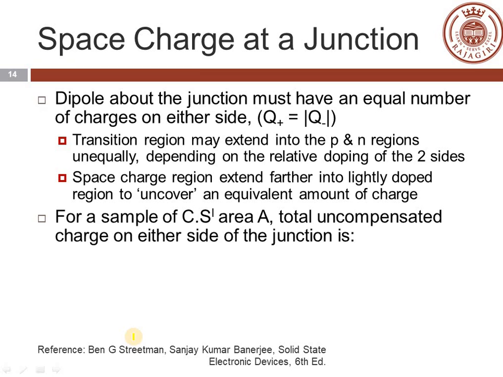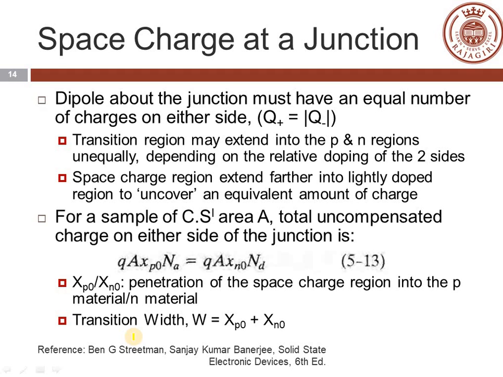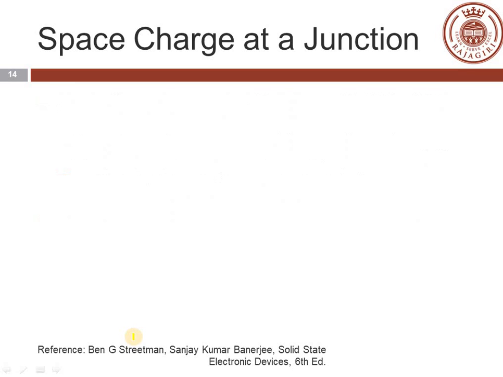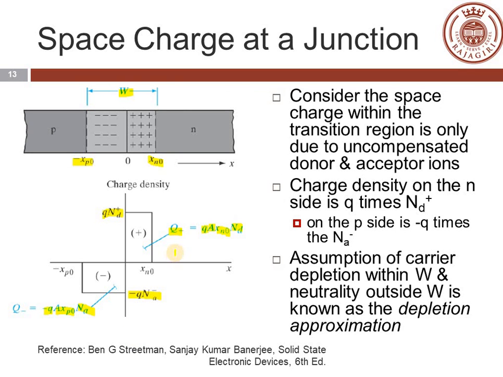For a sample of cross-sectional area A, the total uncompensated charge on either side of the junction can be written as Q into A xp0 into Na, and Q into A xn0 into Nd. From the previous diagram we can write Q plus equal to Q minus, in which the Q and A terms will cancel each other.